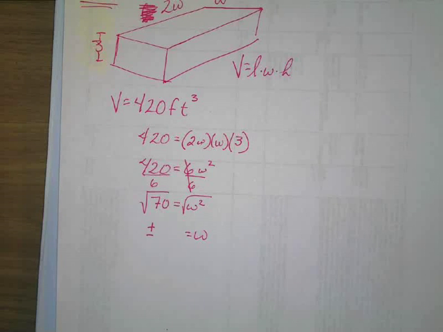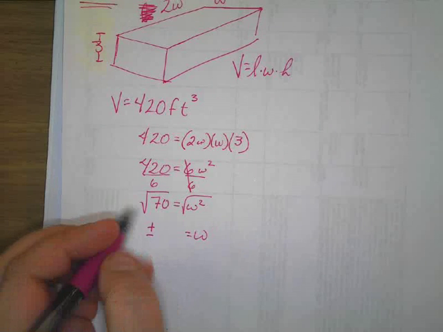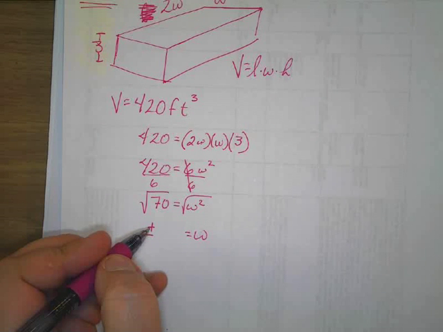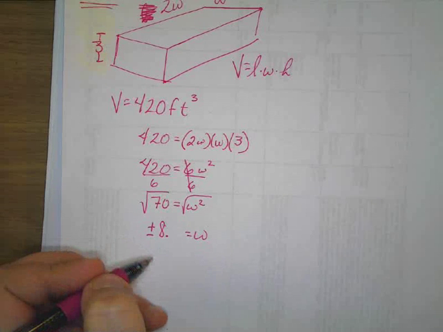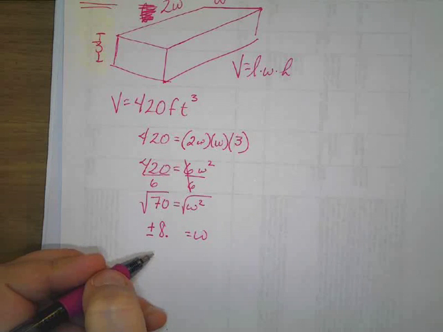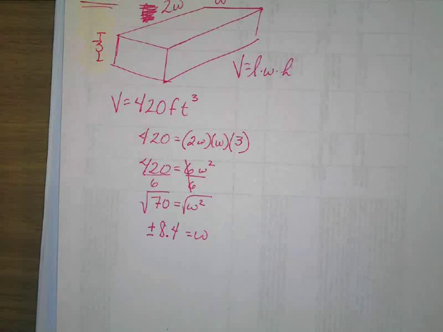So square root of 70 in your calculator. You should get 8 point something. 8.3666. So let's just round it up to 8.4.